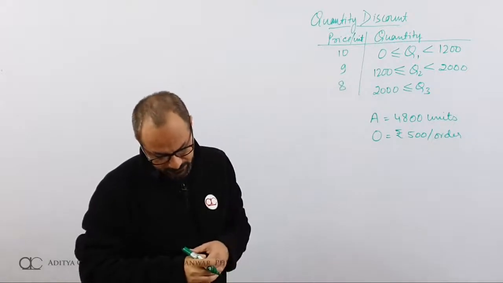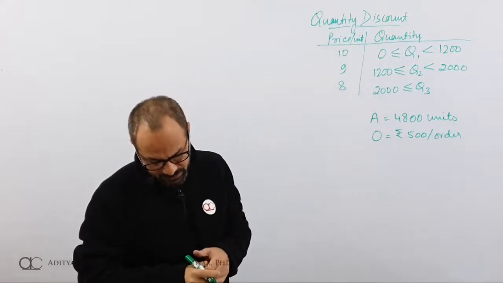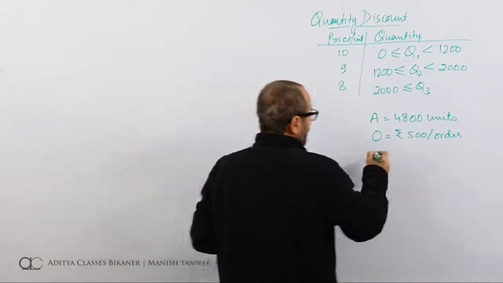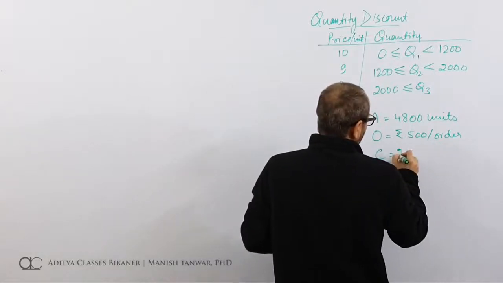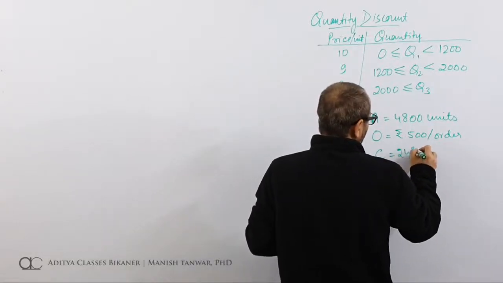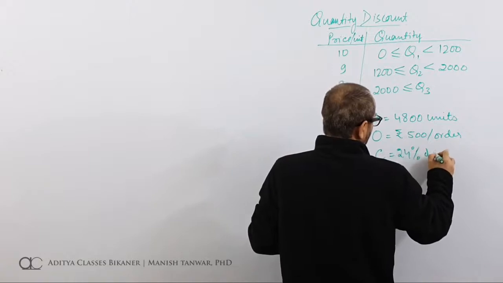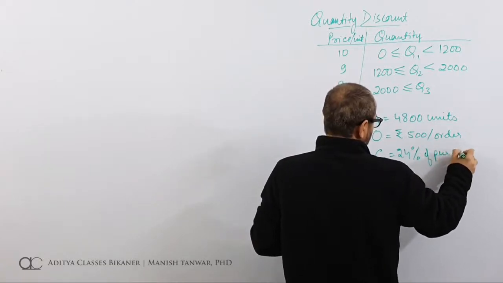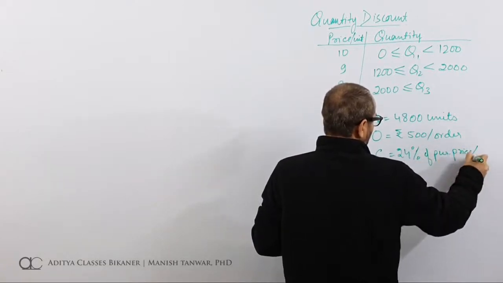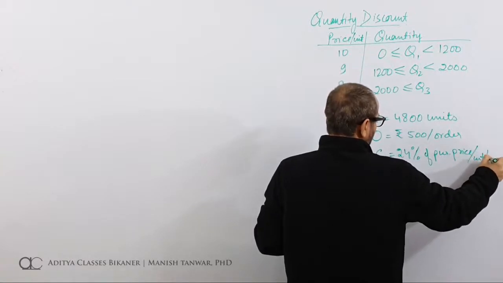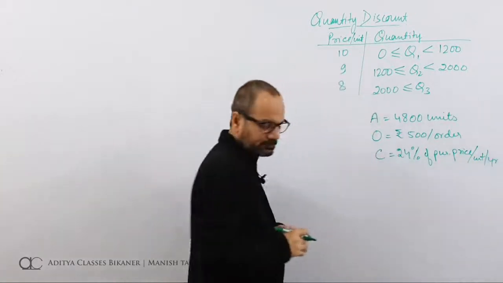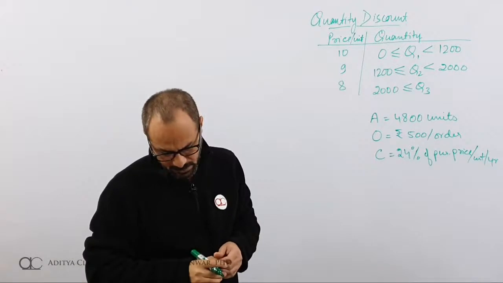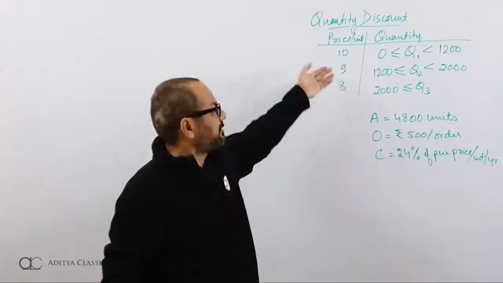Then we have inventory carrying cost, which is 24% of purchase price per unit per year. And then the price breaks are as given here.